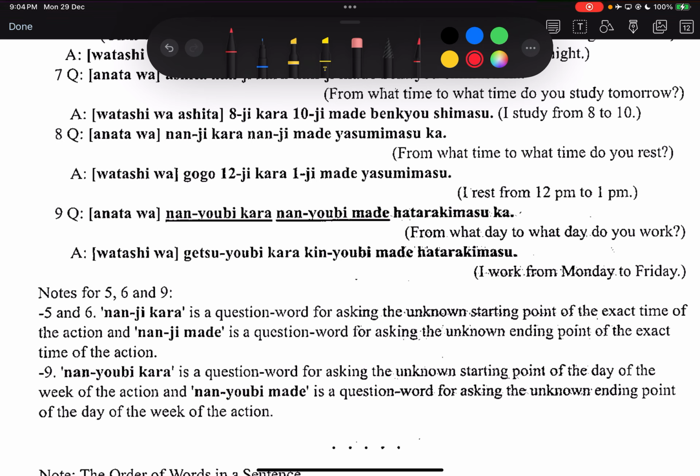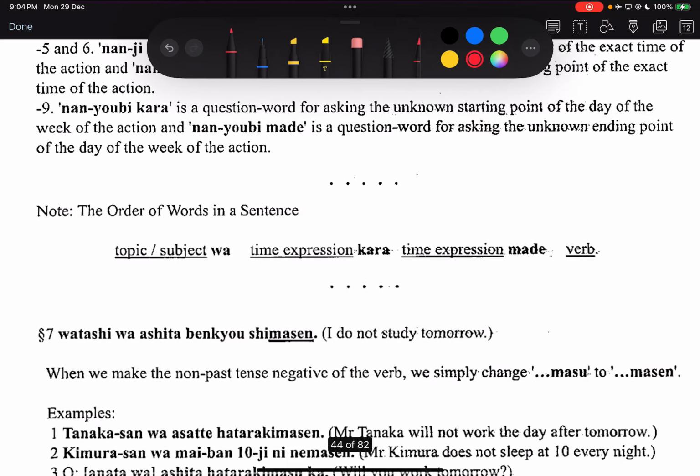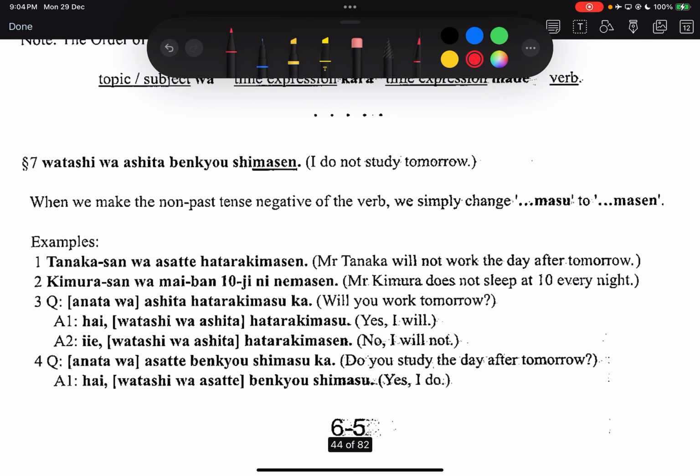Okay, any questions? No. Let's carry on with number 7. 私は明日勉強しません. So what is this しません? Just now we had ではありません, which means not. And at the start of the lesson I told you, when you see ません, it means it's not something.